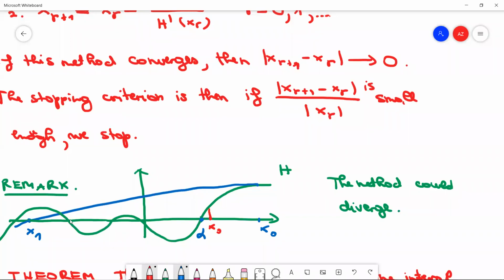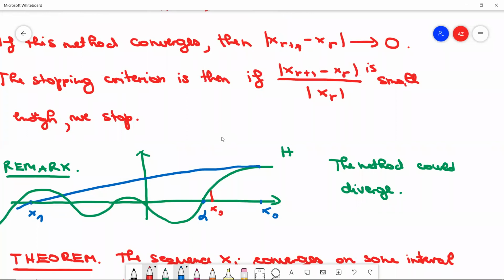This is a good question. We have this h, we are searching for its zero. And so if the derivative of h is 0, then it will go away.